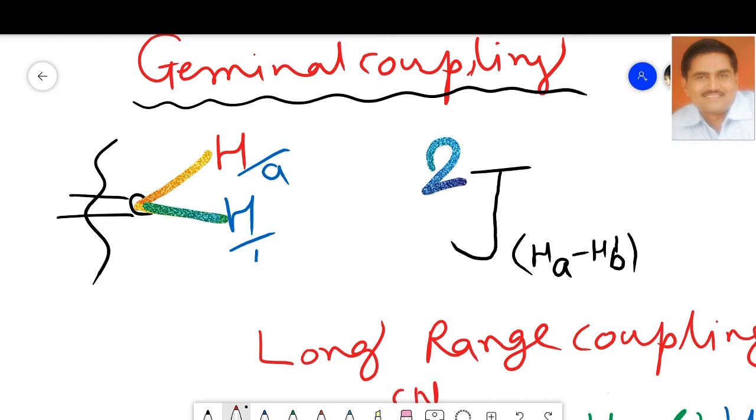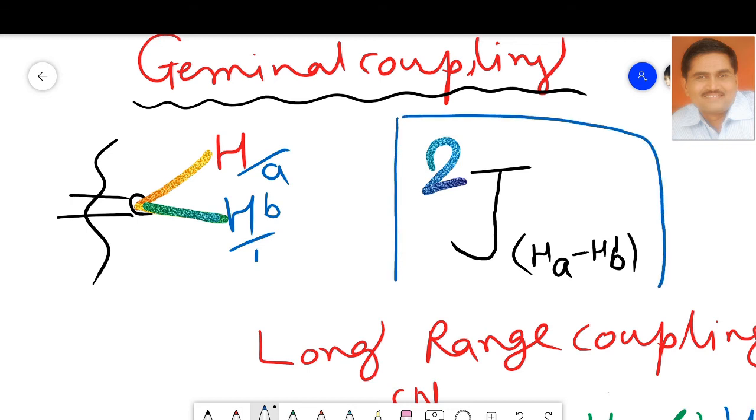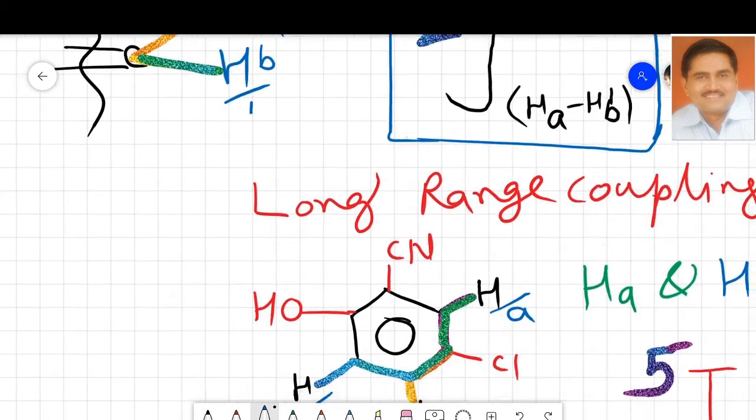Here the coupling protons are attached to the same carbon atom but have different chemical environments, and the system notation is 2J. Why 2J? Because these coupling partner protons are two bonds away.